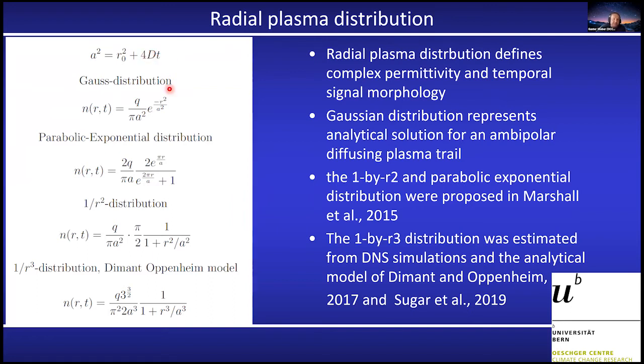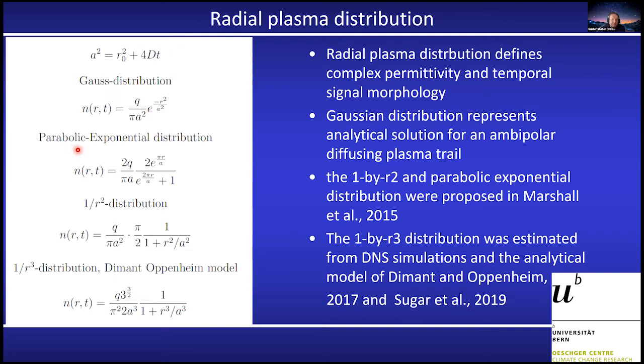And the analytical solution in cylindrical coordinates would be a Gaussian plasma distribution, which could be expressed in this form, where we have our electron line density and the radial dependence measured perpendicular to the trail axis. And this describes more or less the time evolution of how the electrons are distributed around the trail.